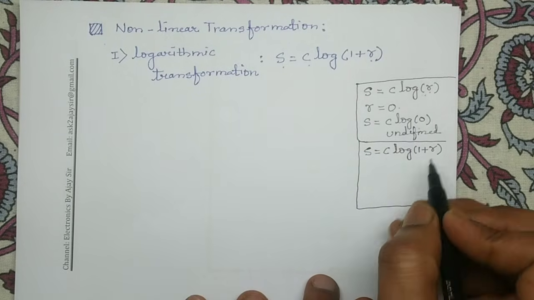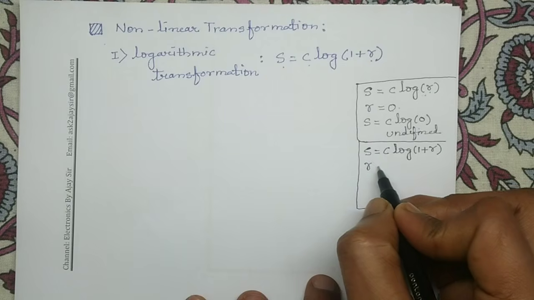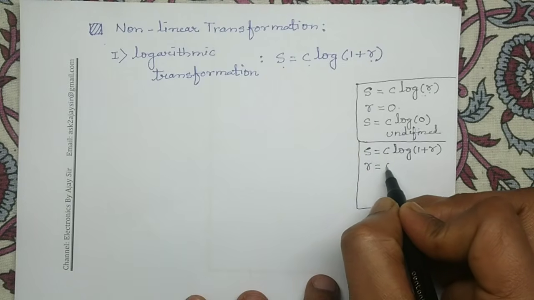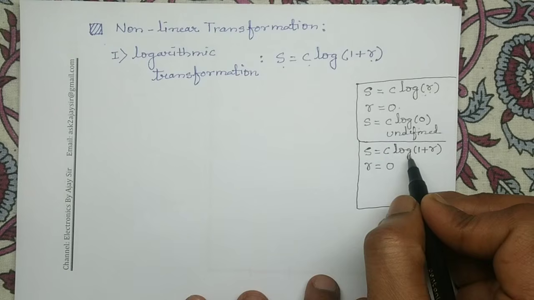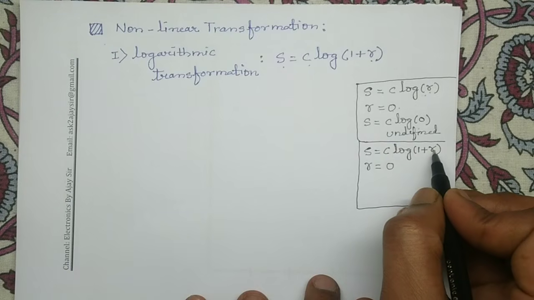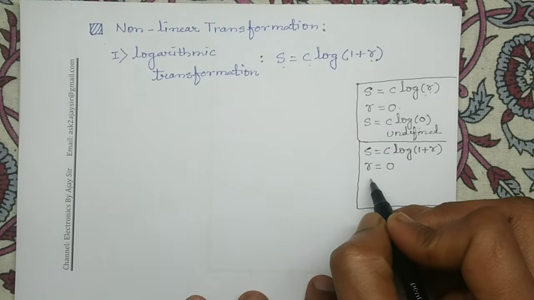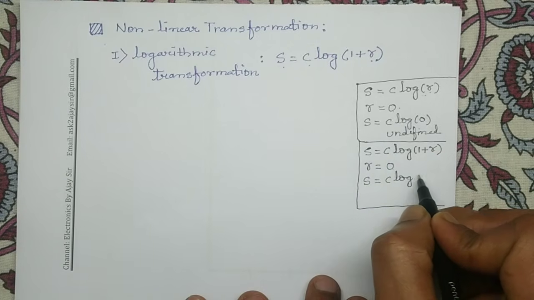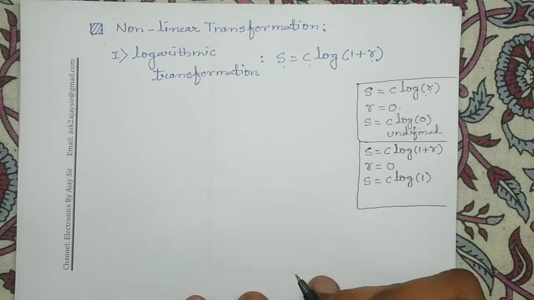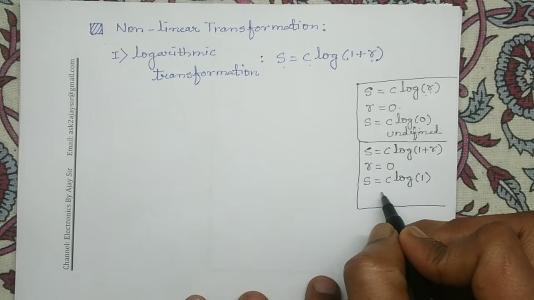Now using this equation, if the same situation arises, that is my input intensity R equals 0, in place of R, if we substitute 0, the equation becomes S equals C log 1, and we know log 1 is equal to 0, so S becomes 0.